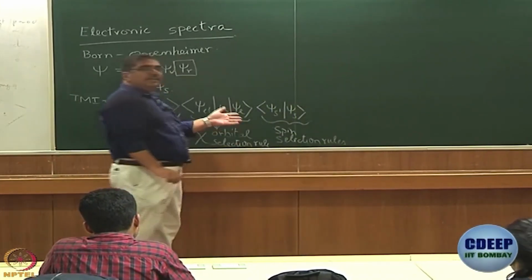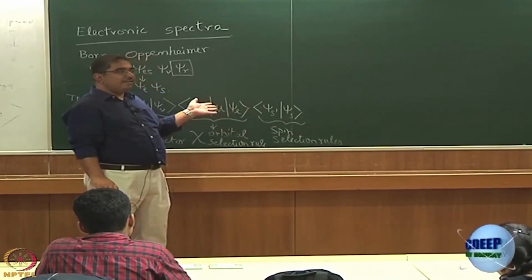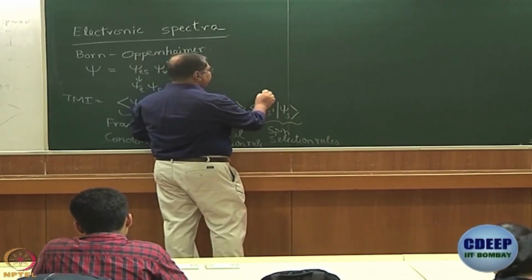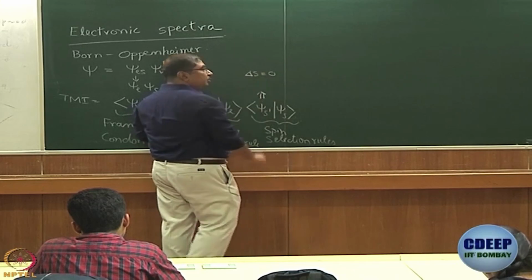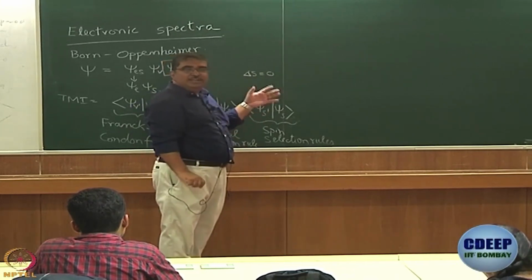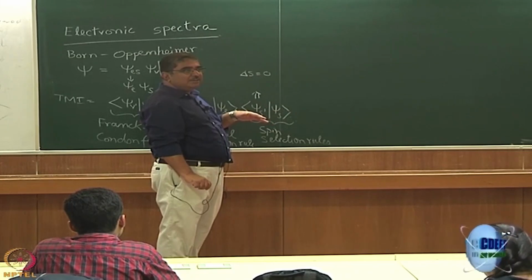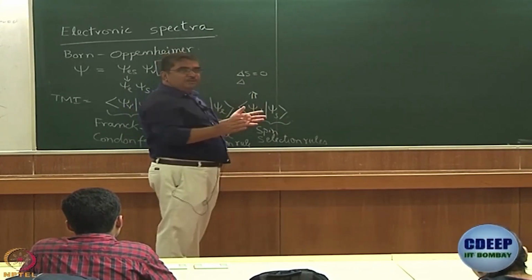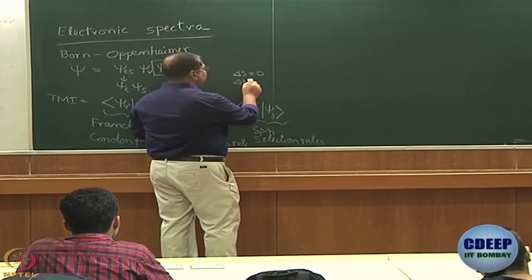In fact, we have already derived one of them. What is the spin selection rule that we came up with? From here we had got delta S equal to 0, but we also got something else, something that is not actually written in any of the books that we study. I told you, and asked you to satisfy yourselves, that delta ms is also equal to 0.